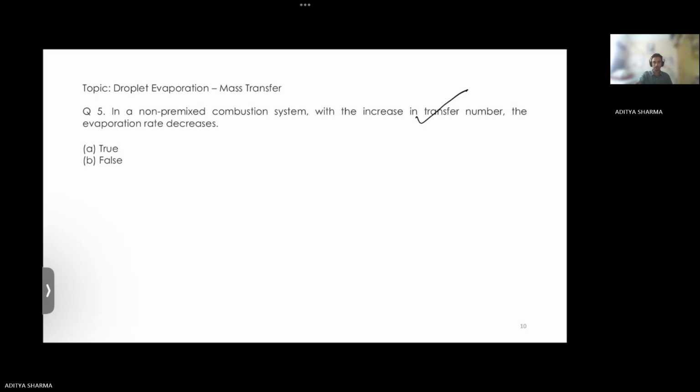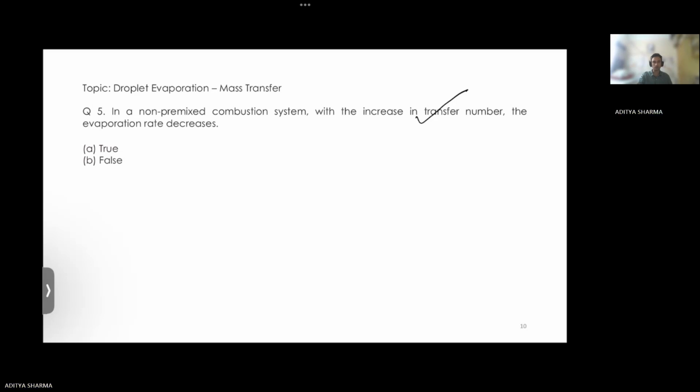Okay. So as your transfer number increases, the evaporation rate also increases.